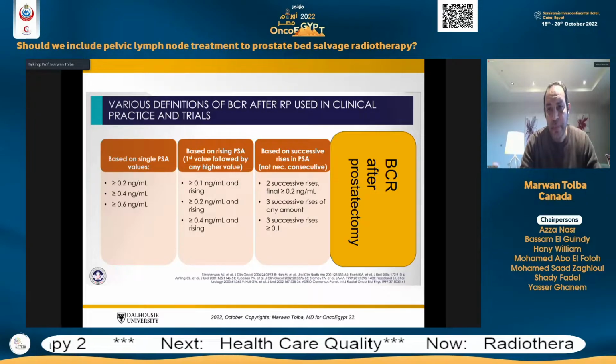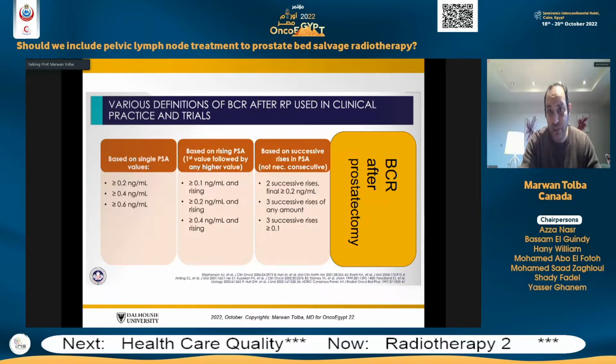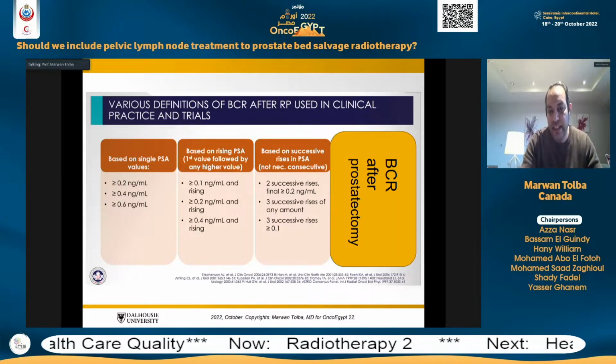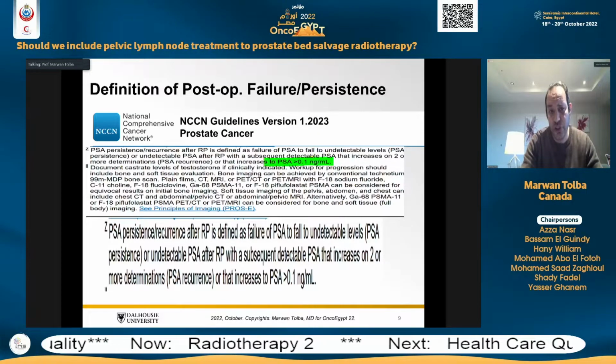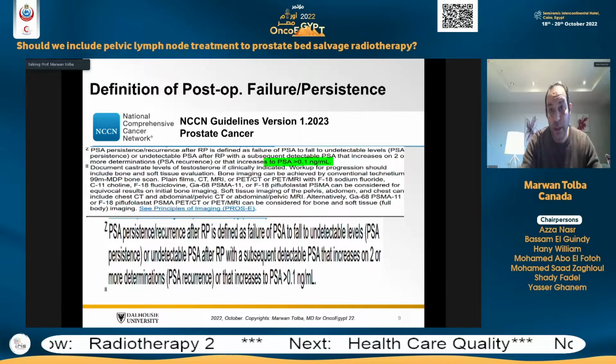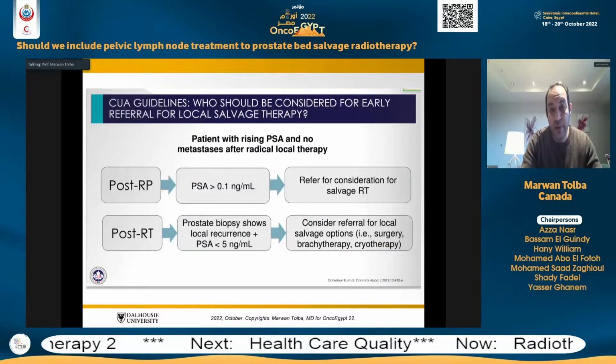We might be surprised that there are some definitions in big trials that define the failure at even less than this. And the new version of the NCCN guidelines defines the failure as a PSA of more than 0.1 post-prostatectomy, and they are clear about this.